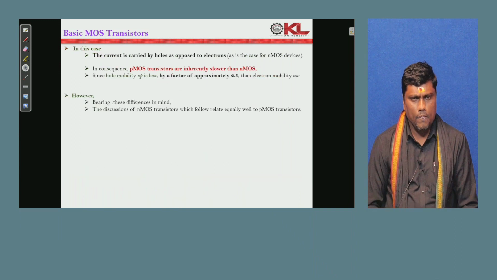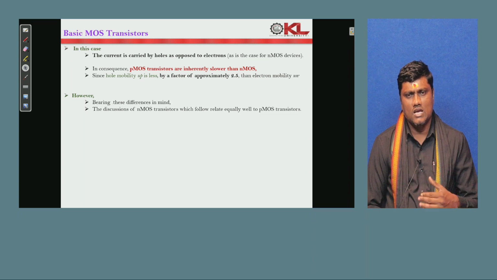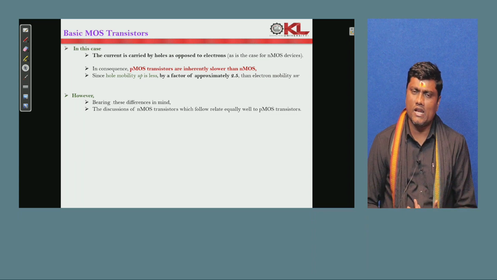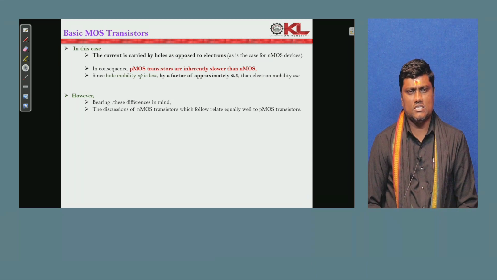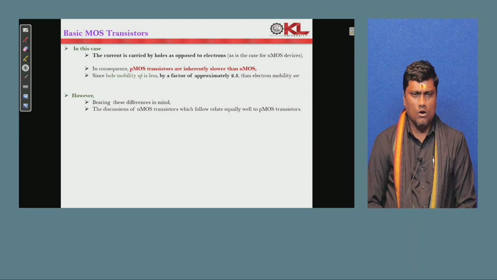In this way the current is carried by holes, as opposed to electrons in the case of the NMOS. Consequently, PMOS transistors are inherently slower than NMOS transistors because of the charge carriers involved, and as we already know, the hole mobility is less, by a factor of approximately 2.5 compared to the electron mobility.